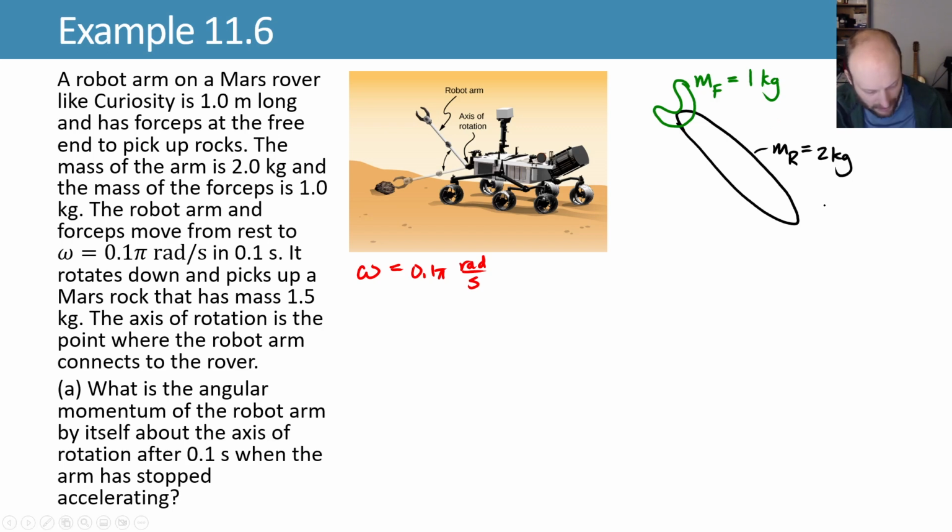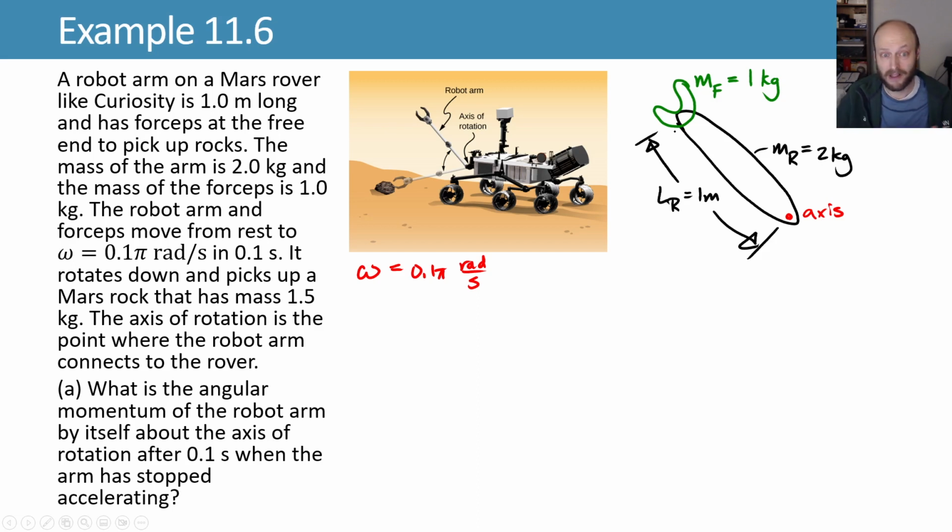And we have an axis of rotation down here that we're rotating about. We'll also have the length of our robot arm, given as 1 meter, which is the distance from there up to the forceps. And I want to know the angular momentum of the robot arm.